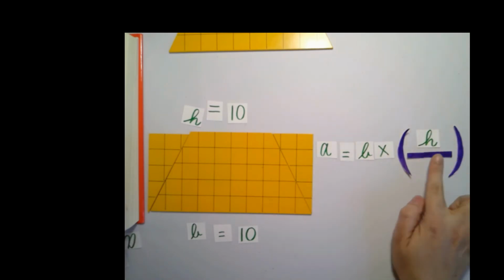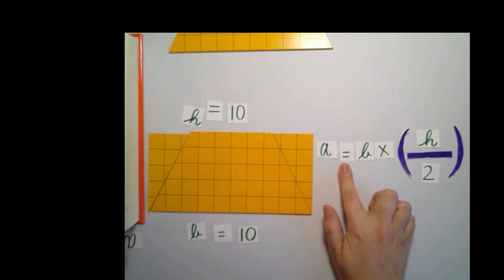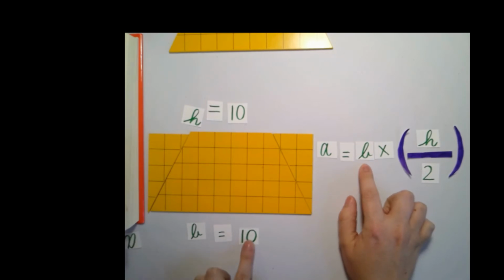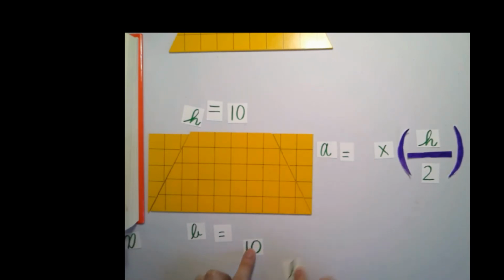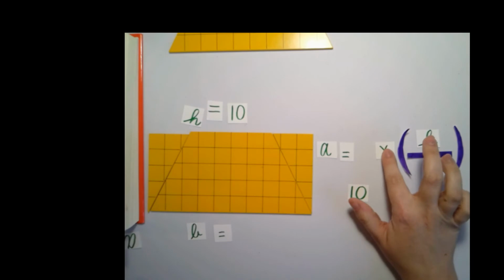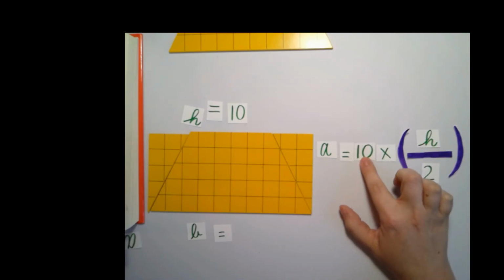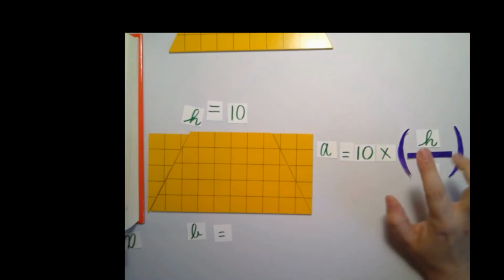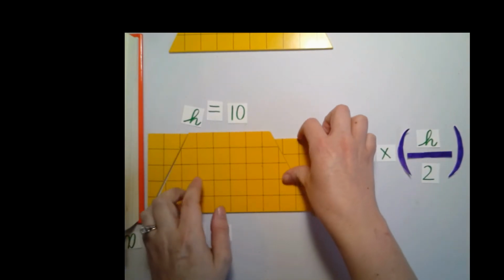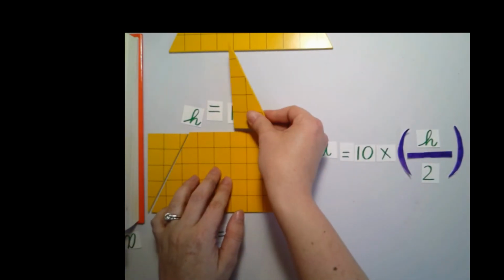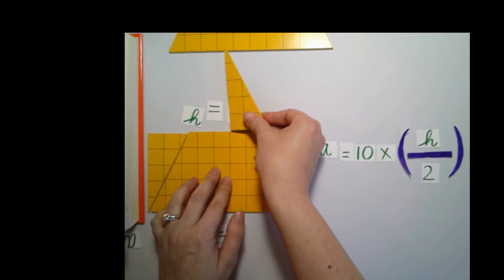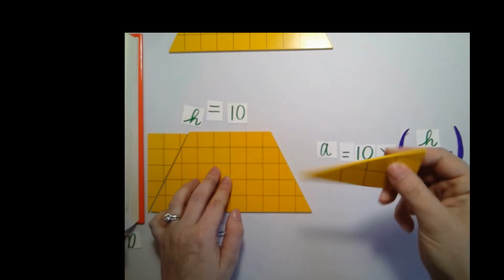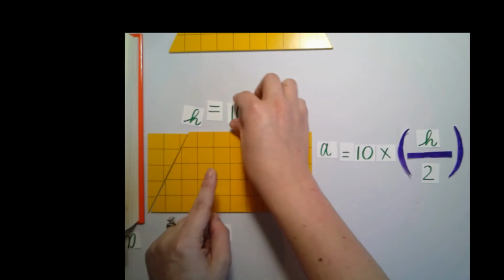So inside our parentheses, we have our height divided by 2. So what we're going to do is we're going to place our base. Just like our other problems, we're going to put the value of our base in, the measurement of our base, which is 10. Then we're going to take our full height, which is what we measured when we had the acute triangle assembled, okay? And so that's 10.